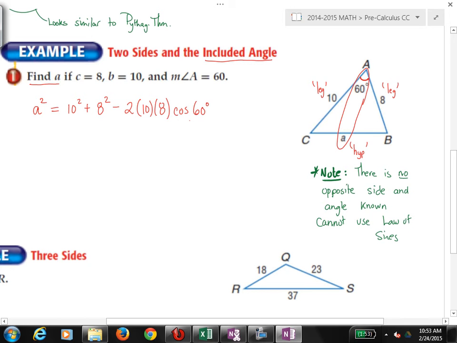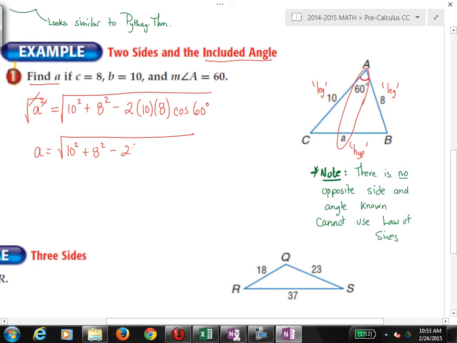Now I need to solve for A. So in this case, it's somewhat simple because the A is already isolated. So I just need to do what to get rid of the square? Yeah, so I take the square root of both sides. These two will eliminate. So I have this expression: A is equal to all of this right here.